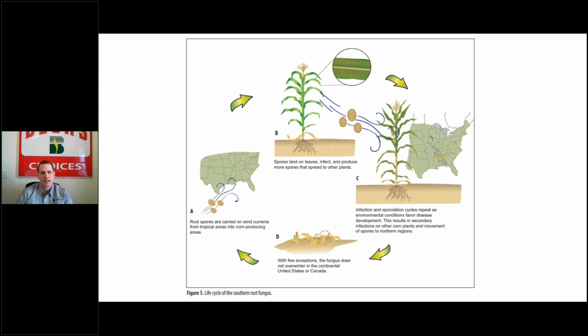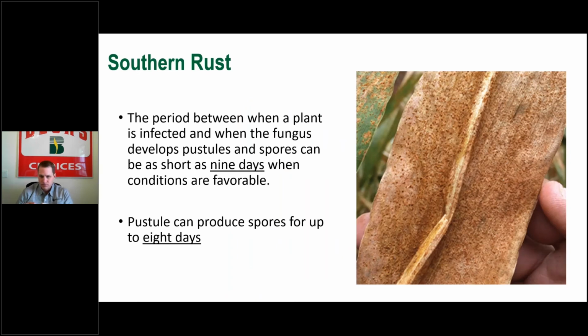So this disease has to be windblown or ride in on storms every single year. Obviously, it comes up from the south, and so that's why in the state of Illinois, we typically see it worse in the southern locations, and then as we progress with different windblown storms, we'll see it in the north. So it's carried on wind currents, it lands on the leaves, infects, and then we start that life cycle.